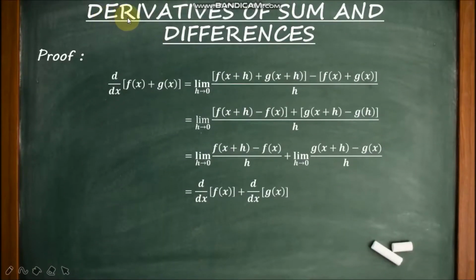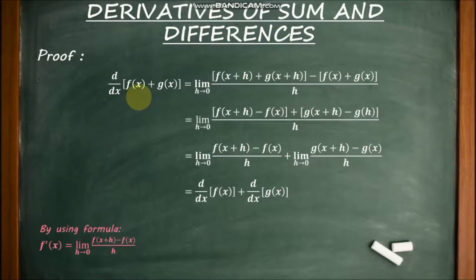Now we are going to look at the derivative of sum and difference. Now we are going to prove that d dx of f(x) plus g(x) will equal d dx of f(x) plus d dx of g(x). So first step, we need to use the limit as h approaches 0, which we learned before.